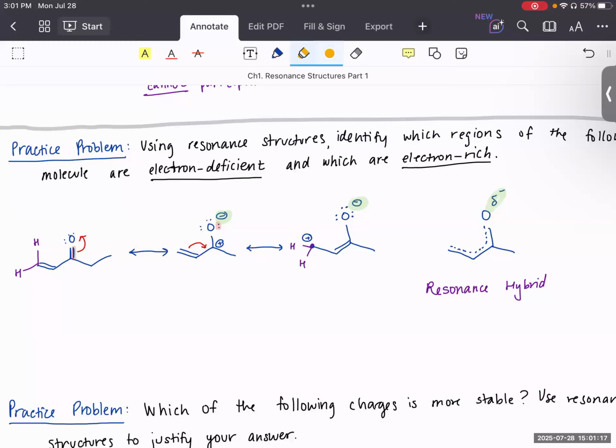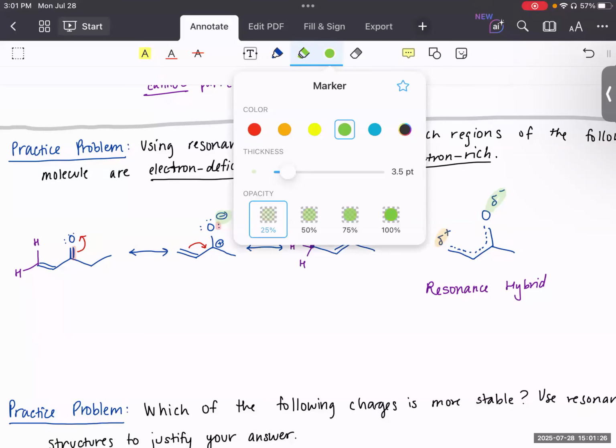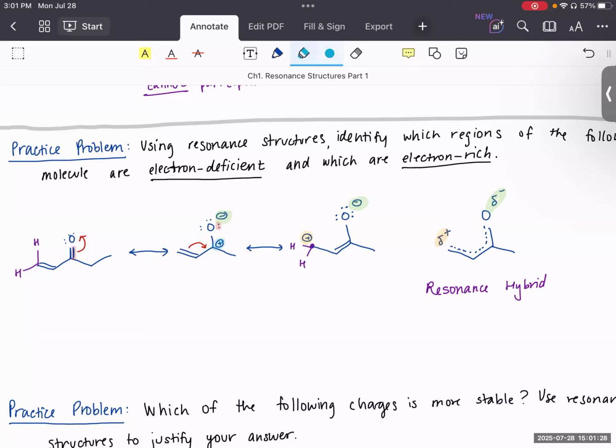We had a positive charge on this terminal carbon, so we can add that in here, a delta positive. And then the last one is we had a positive charge on this carbon in the middle, so we also have a delta positive there. And so now we have our resonance hybrid.